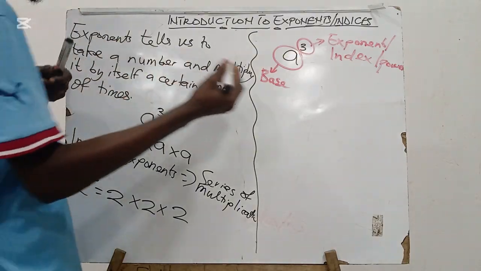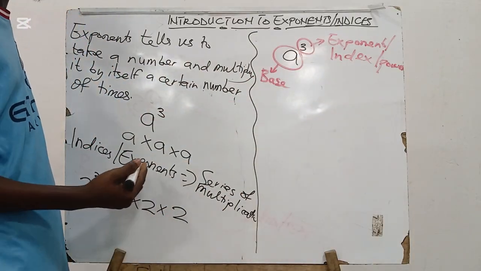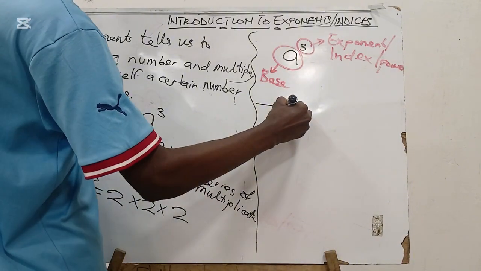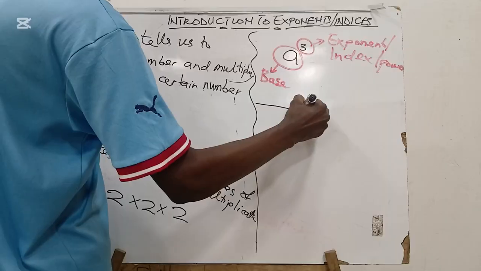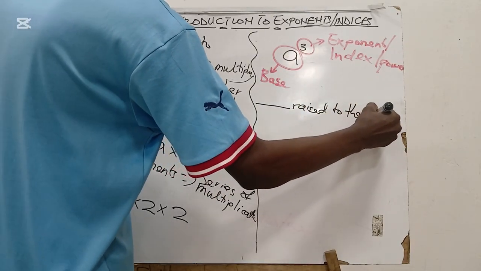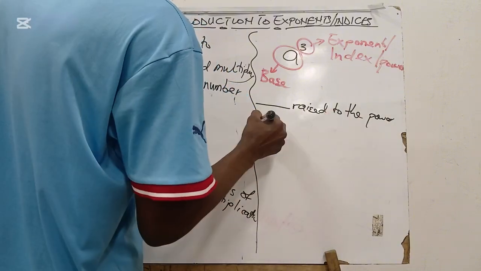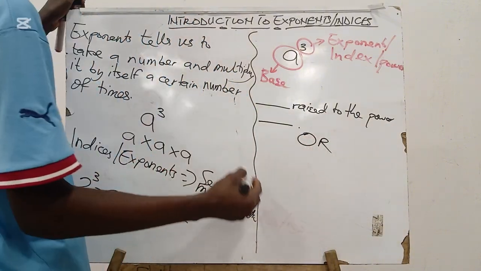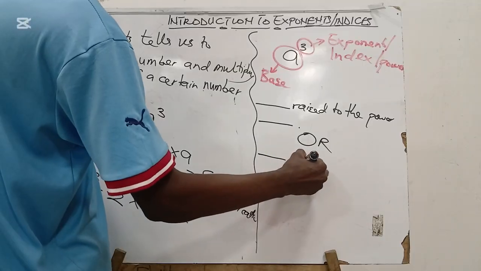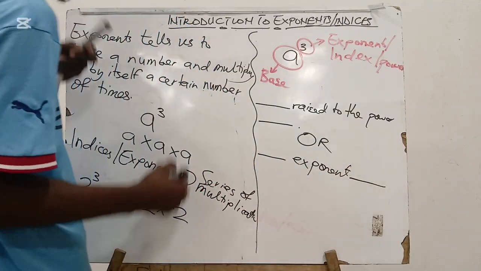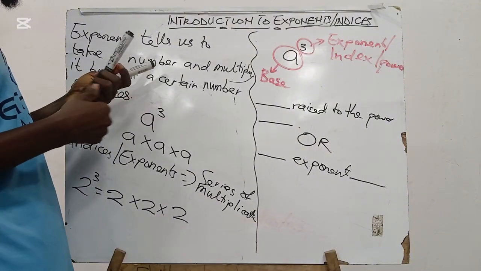Now, whenever you are being given something like this, you must also learn how to read it. This is a simple way for you to read it. Dash raised to the power dash, or you can also read it as dash exponent dash. So what are the dashes for?